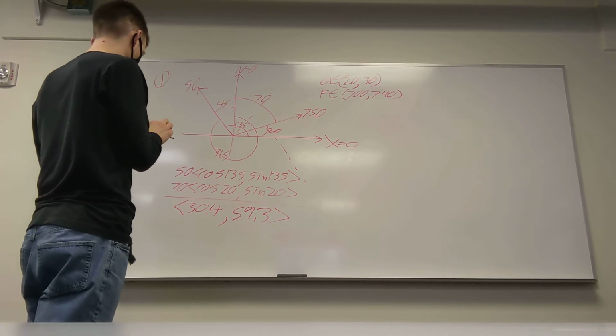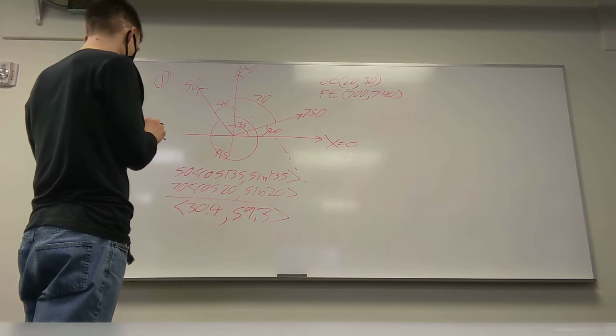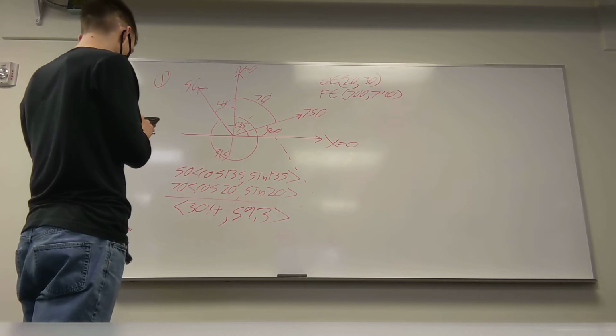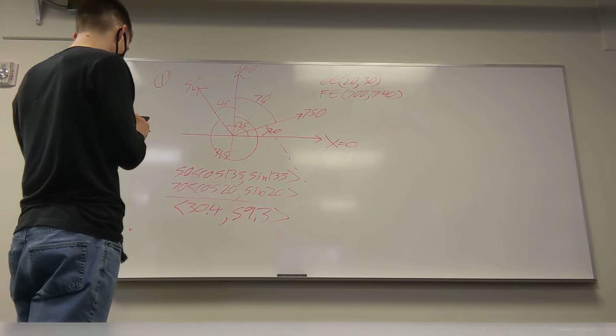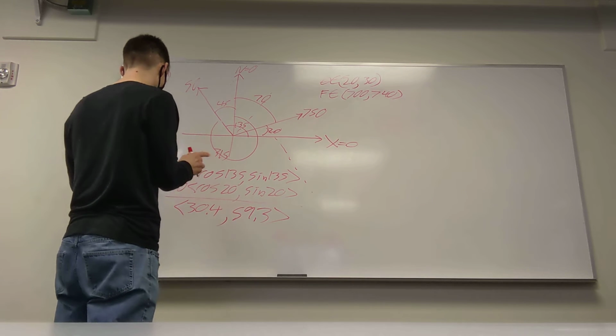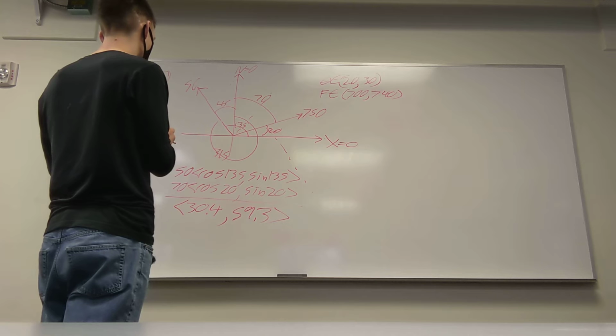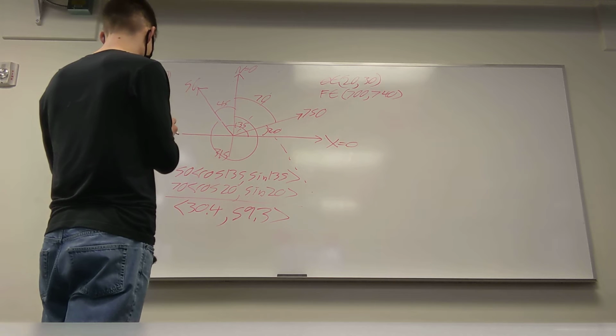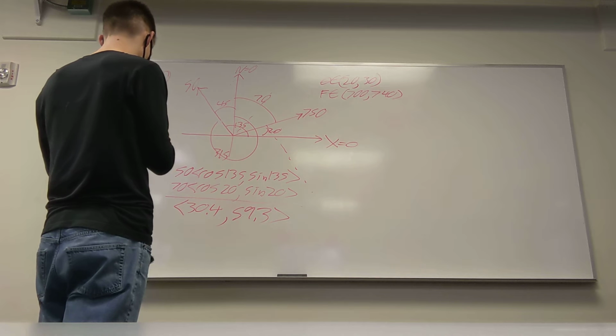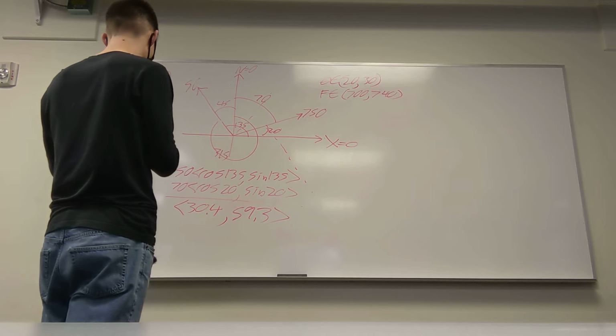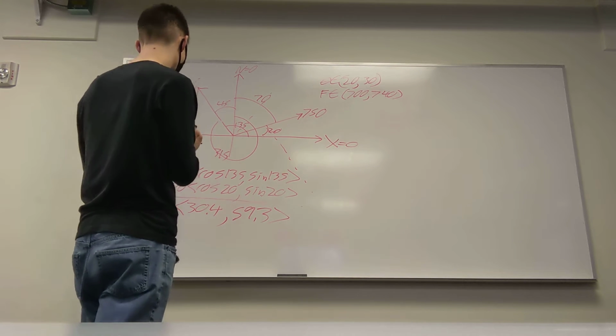Let me double check on that. 50 cosine 135 plus 70 cosine 20. Yep, 30, and 59.